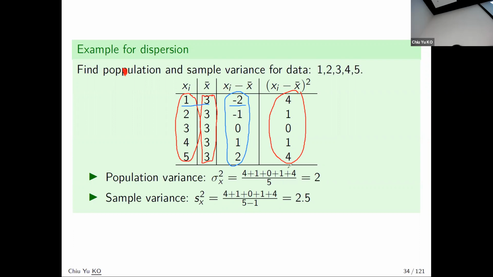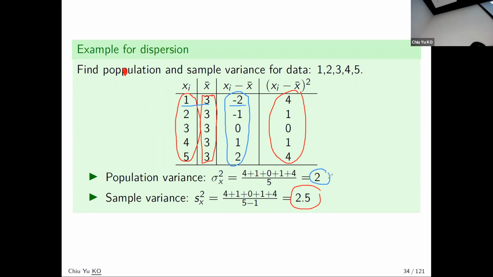And you divide it by n, which is 5, you get 2. You divide this by n minus 1, it is 2.5. And as I said, almost all the time you work with a sample, so you always use this formula here. But if you happen to have the data of everything you want, maybe you have census data, you're lucky, then you can use this one.